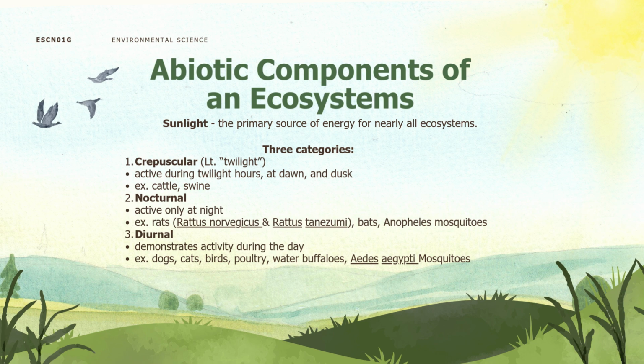With other animals that are active during the entire day, okay, we have dogs, cats, birds, poultry, and water buffaloes or carabaos. And again, like cattle, carabaos are also another example of an animal that can act as a carrier. An example of a disease that we may get from carabaos is schistosomiasis.